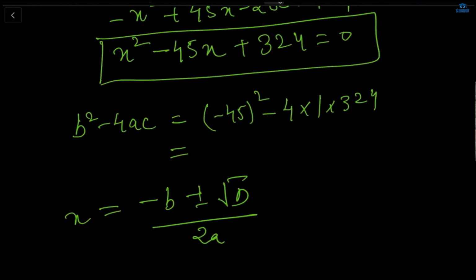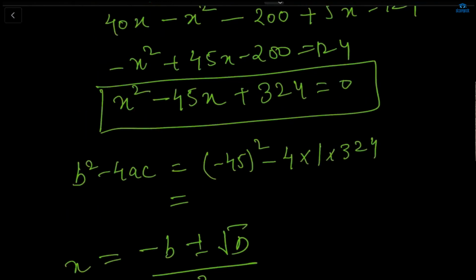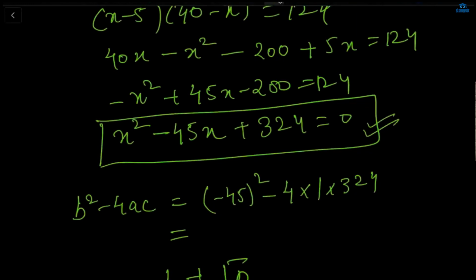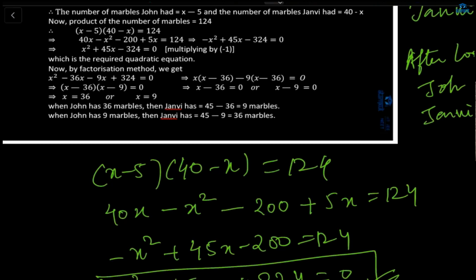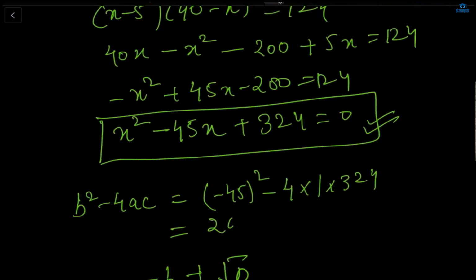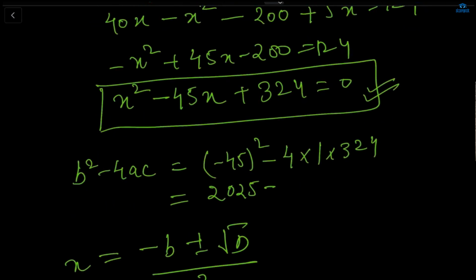But the main equation will be this. Understood? Any doubt? Minus sign will be eliminated. 45 you can see here. I've already solved it; here I have done the factorization method. Just a minute. 45 multiplied by 45 will give you 2025 minus 324.